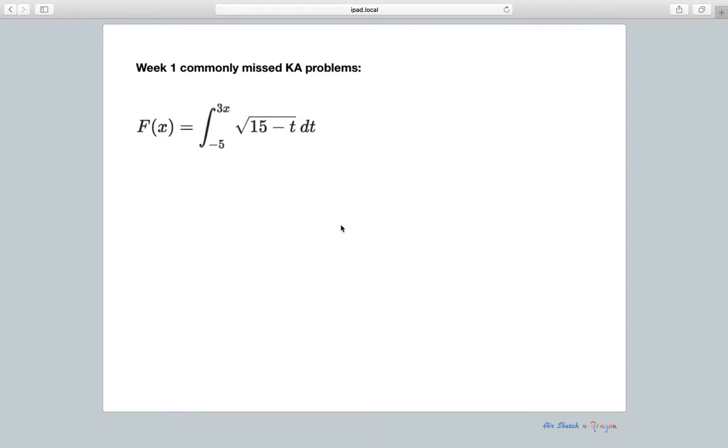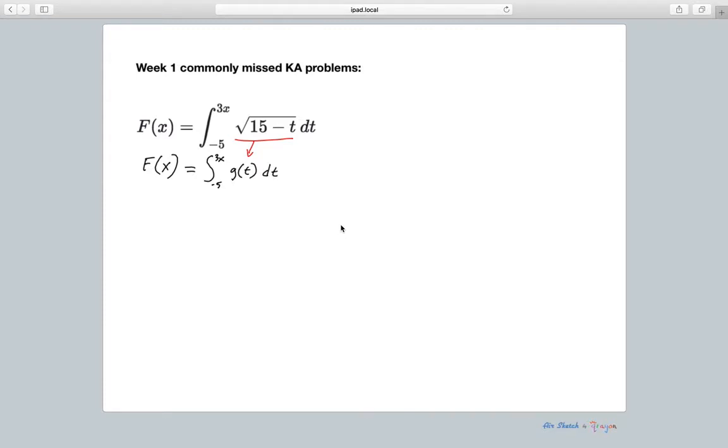So before I do this, I'm going to go over this in the way that I talked about in my FTC1 video, which is I like to not worry about the actual expression of the integrand. Just think of it as a function. So the integrand is root 15 minus t, but that's not important right now. Just call it g of t dt.